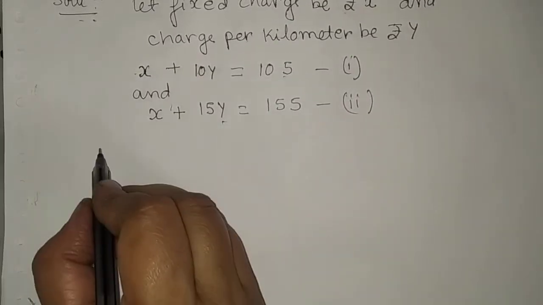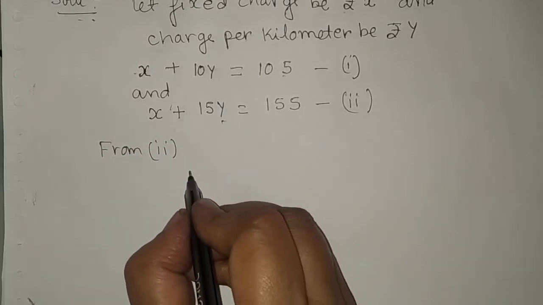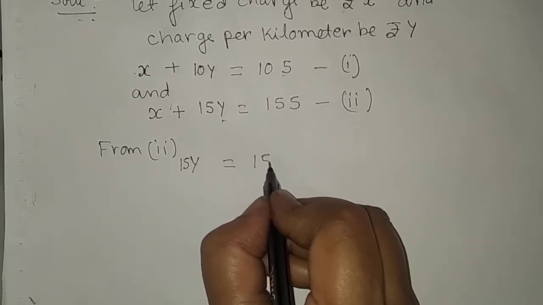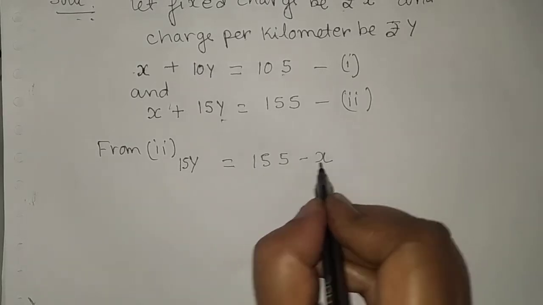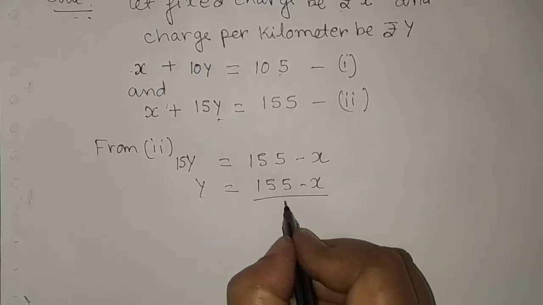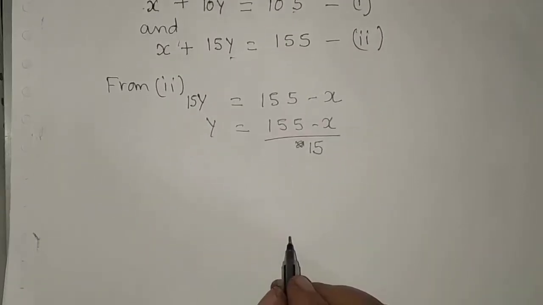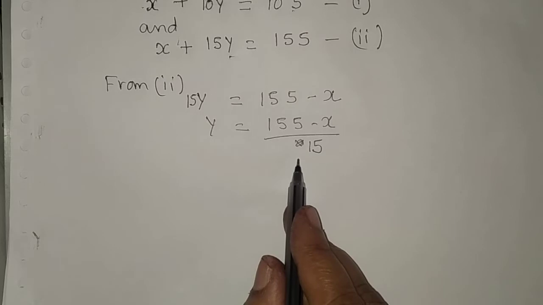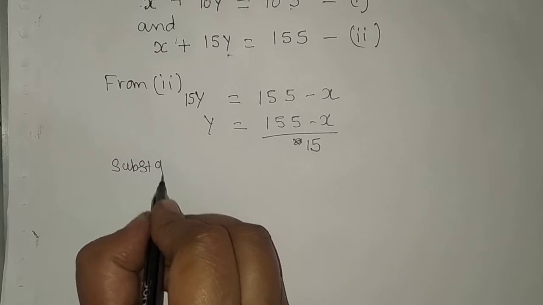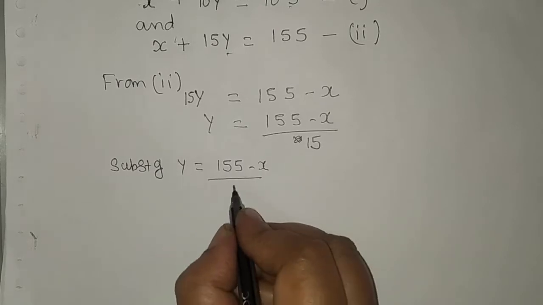Now from equation 2 we find y. 15y is equal to 155 minus x, so y is equal to (155 minus x) by 15.